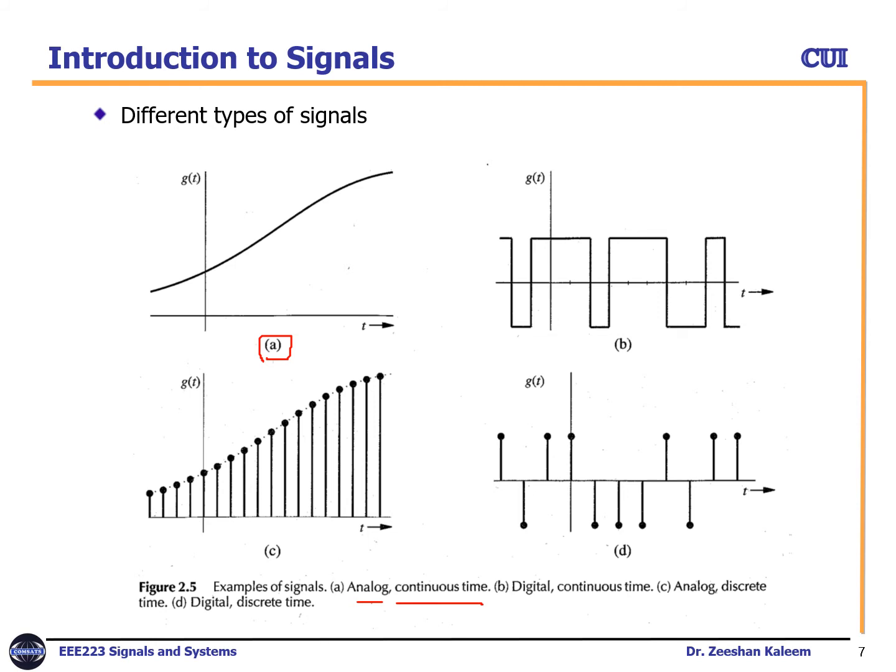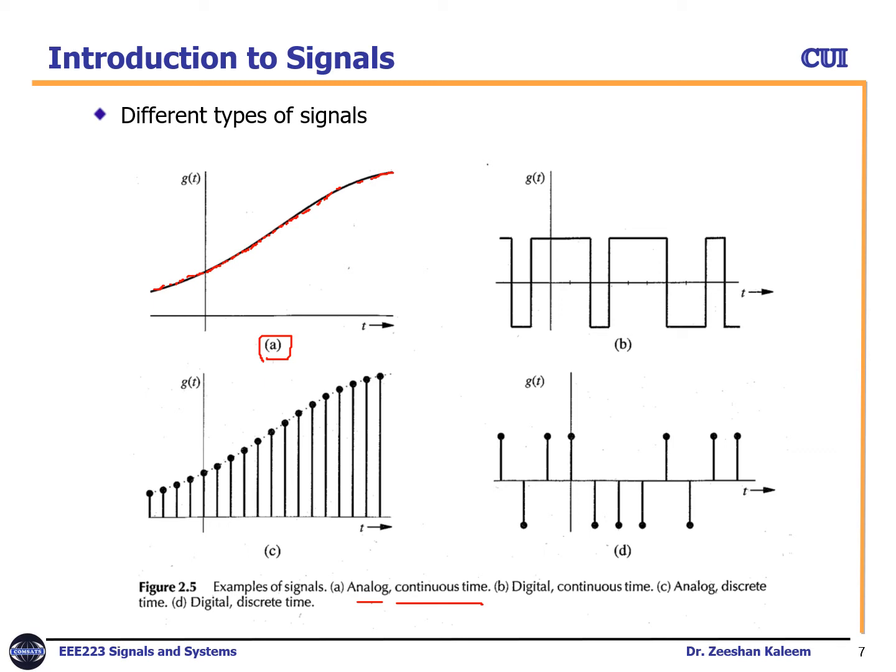Each part of the signal has information, and it is called analog. And with respect to time, it is continuous. You can see that at each time instant there is a value, so it is called analog continuous time.